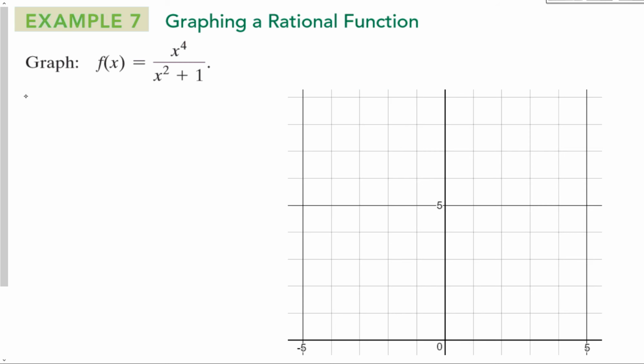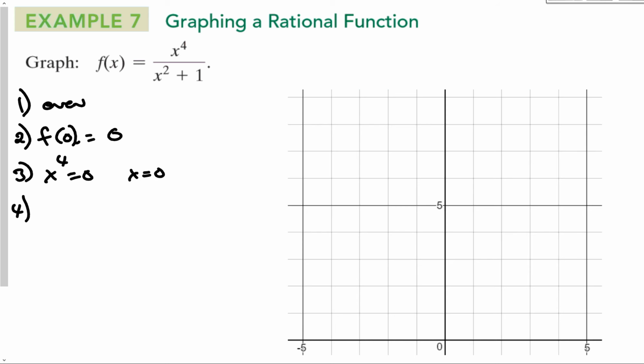Determine symmetry. Step 1 is find symmetry. That's even, that's even. So if I plug a negative there and a negative there, it turns into the same function. So this is even. Step 2 is to find the y-intercept, f of 0. Plugging in f of 0 there gives me 0. Find the x-intercept. So we set the top equal to 0, which is 0.